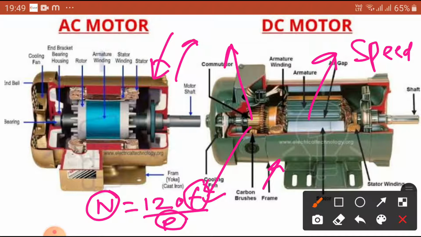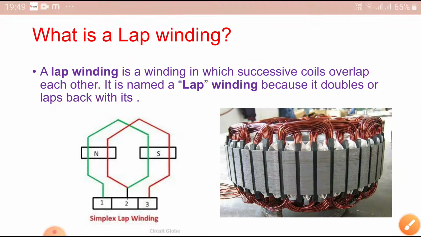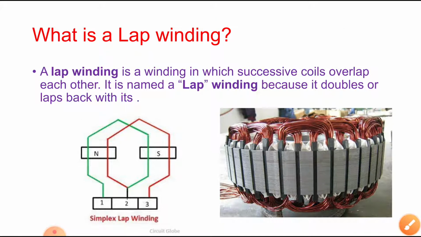Now let us see the 3-phase lap winding. Before going to one particular case study, let us recollect once again what a lap winding is. Remember the Hanuman tail story once again.